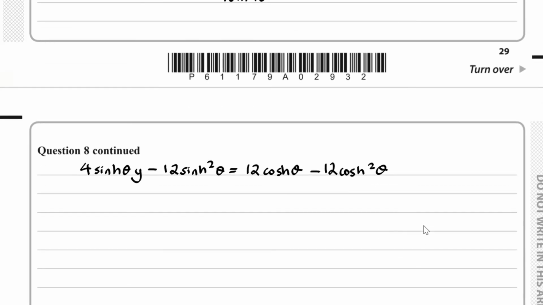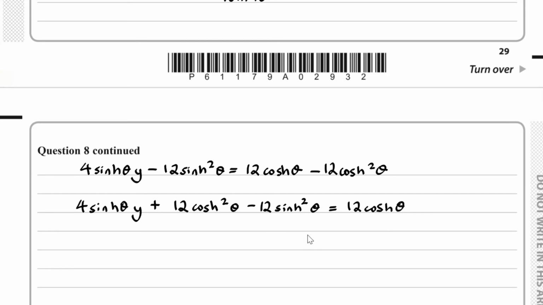And a bit more rearranging, on the left hand side, if I take this term over to the left hand side, we have 4 sine theta y plus 12 cos squared theta minus 12 sine squared theta. This is equal to 12 cos theta.